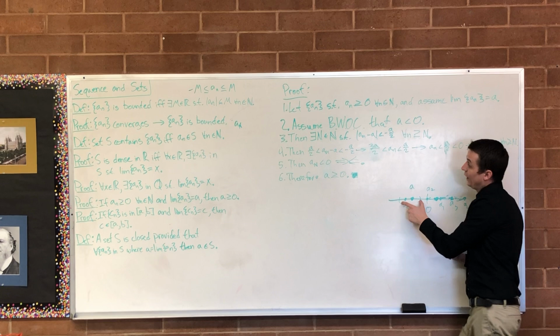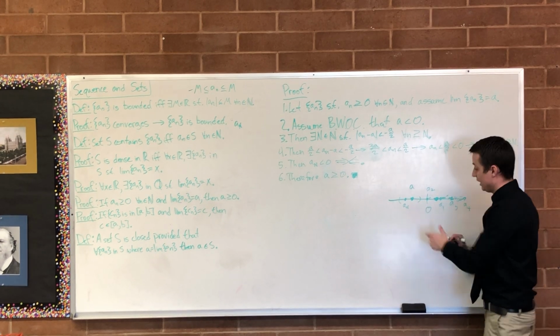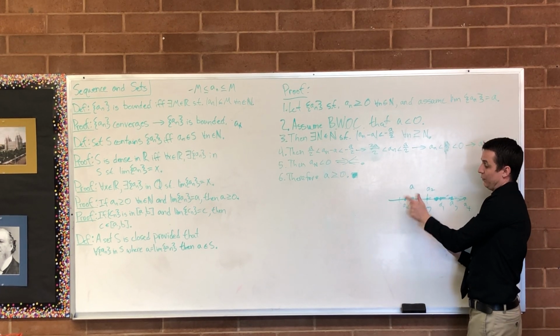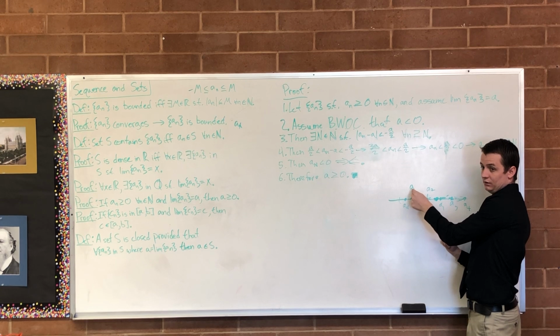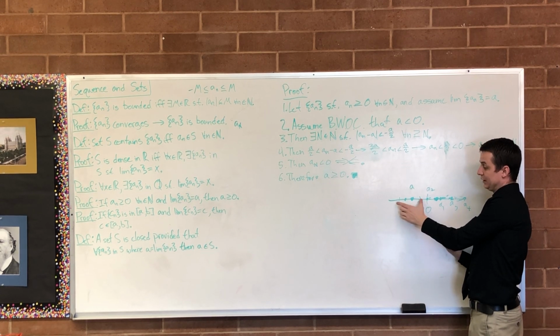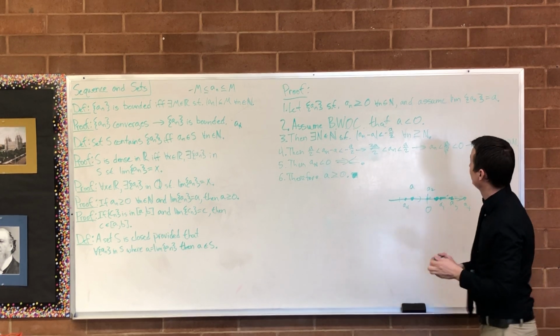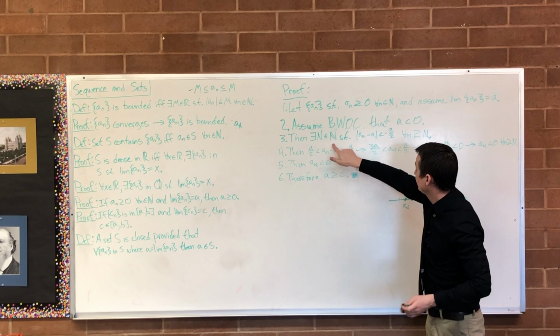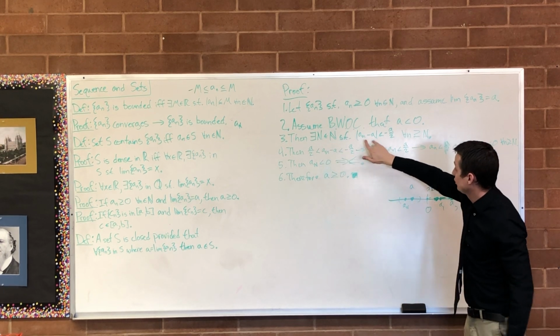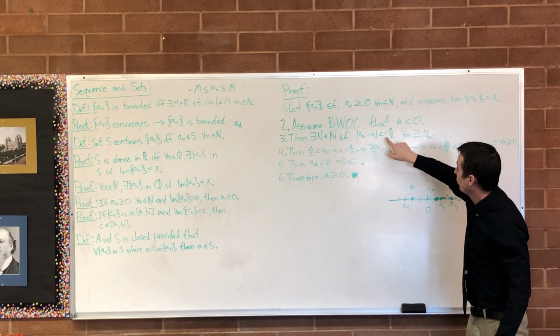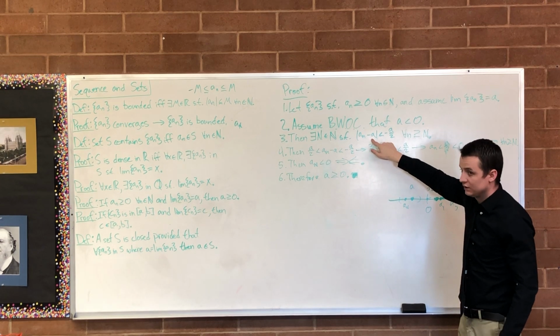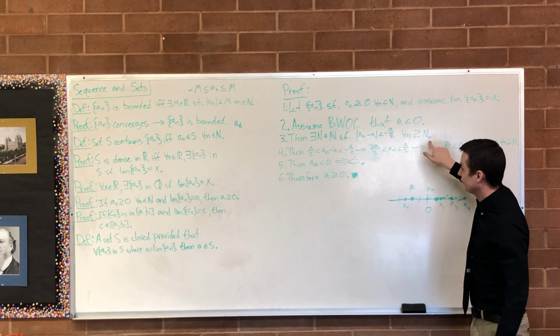Mm-hmm. So I said, since an converges to a, then it gets within any distance I want of a. From some index onwards, my sequence has to be within this distance of a. That's what it means to converge. So, that's what I'm saying here. There has to be some index n such that the terms of my sequence are within negative a halves of what they converge to from that index onwards.